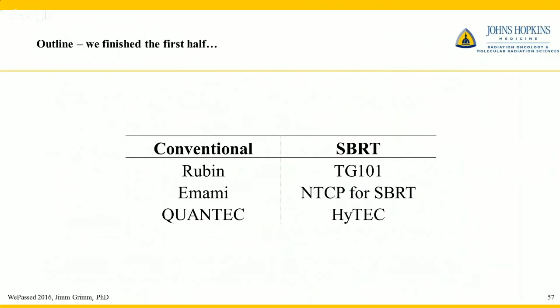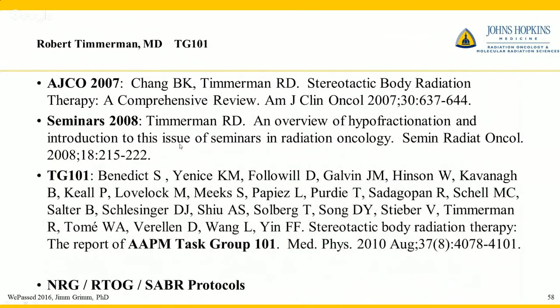Okay, so we finished the first half, and I didn't know how I would ever take up a whole hour, and look, I am going over. So now we're moving into SBRT. So TG101, there were many Timmerman works prior to that, all the RTOG, NRG, the SABRE protocols, AJCO 2007, Chang and Timmerman, seminars in 2008, and then TG101.